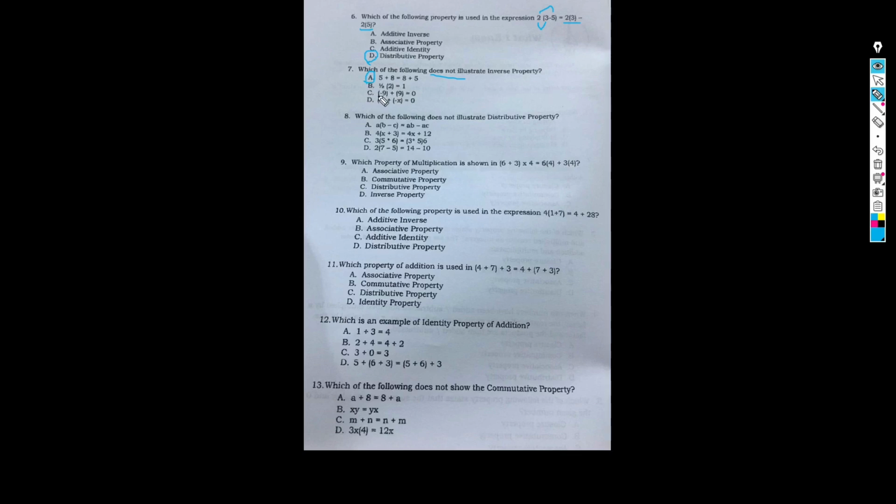Let's check. How about B? 1/2 times 2 is equals to 1. Yes, this is the multiplicative inverse property. 2 multiplied with its multiplicative inverse, which is 1/2, is equals to 1. Also, letter C is additive inverse property, which is -9 plus its additive inverse, which is +9, is equals to 0.